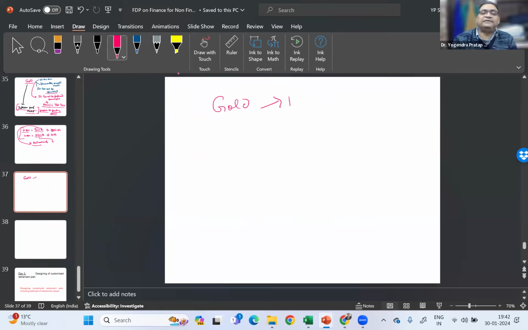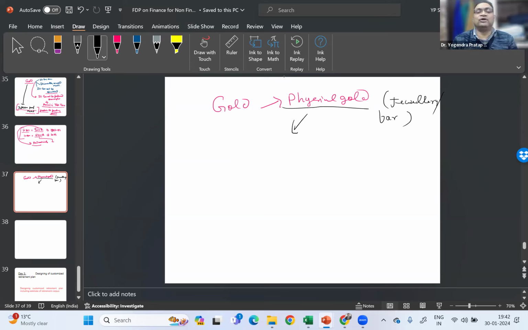If you go for physical gold, it could be in the form of jewelry or bar, anything. But it has lots of demerits. Demerit number one, when you approach the goldsmith during selling, he will make some cut.